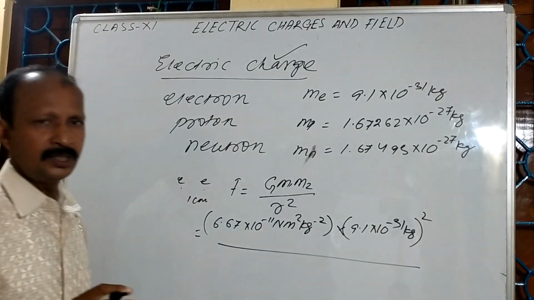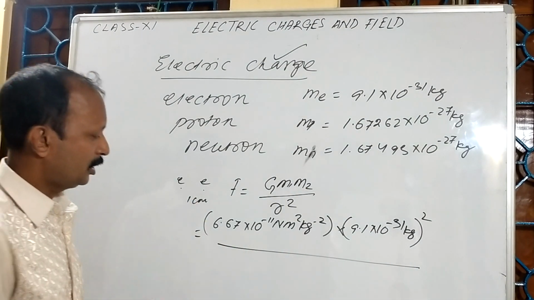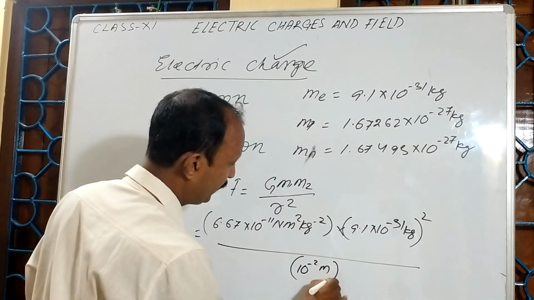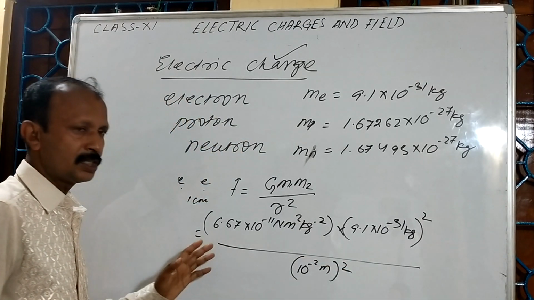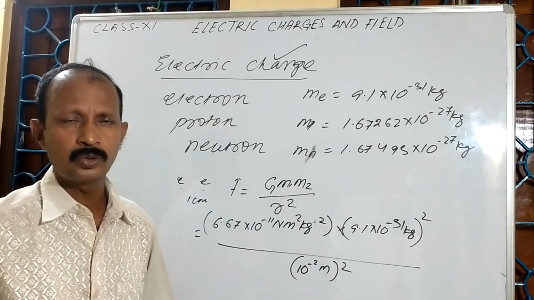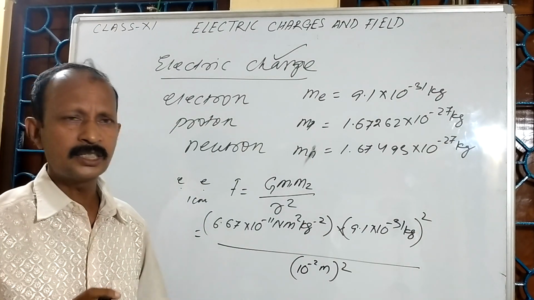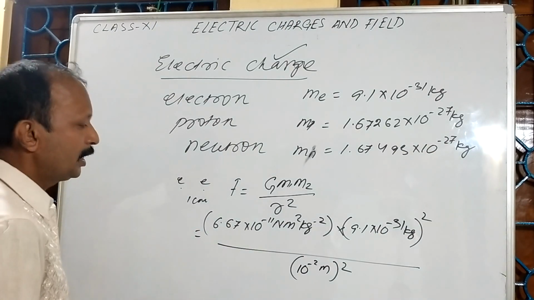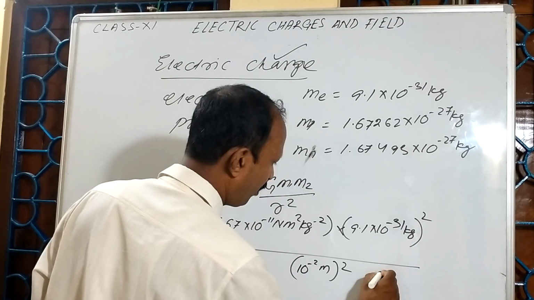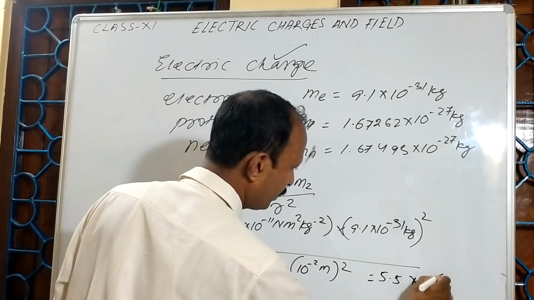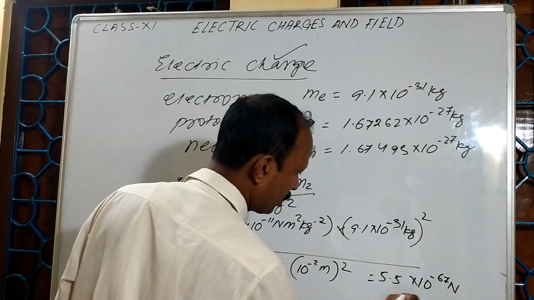If the distance is 1 centimeter, that means 10 to the power minus 2 meter, squared. This is the gravitational force between two electrons when the distance between them is 1 centimeter. If I calculate, I shall find 5.5 into 10 to the power minus 67 Newton.